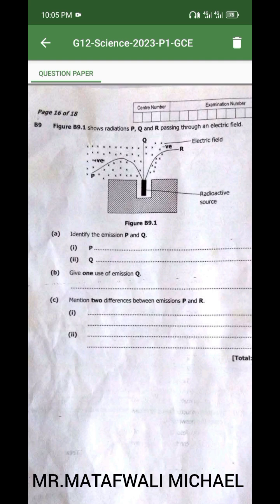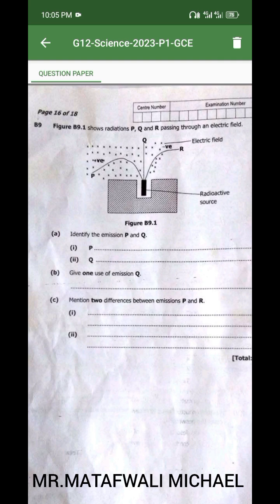So all we need to know is how to find out which is an alpha emission and which is the beta emission.